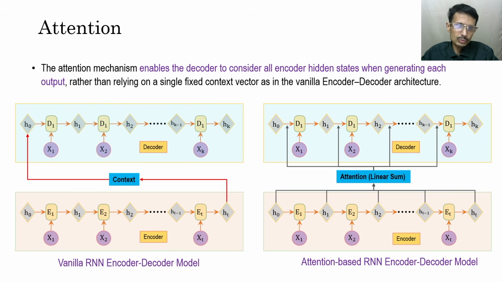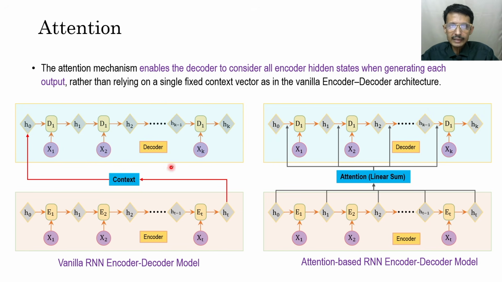What we want to say is that in our normal architecture, the vanilla RNN encoder decoder model, the last step gives the context, and the decoder works from the single context vector.